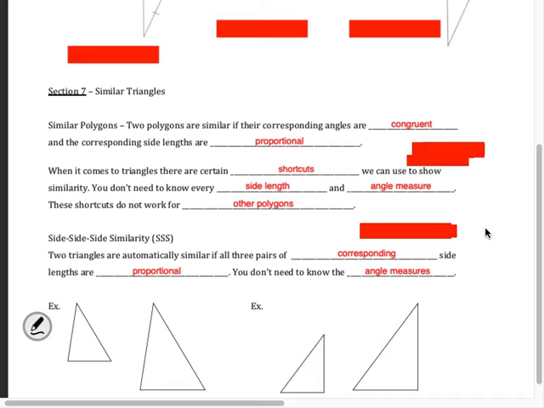I could say that this side length is A, B, and C. I could say that this other triangle then is 2 times as big as A, 2 times as big as B, and 2 times as big as C.